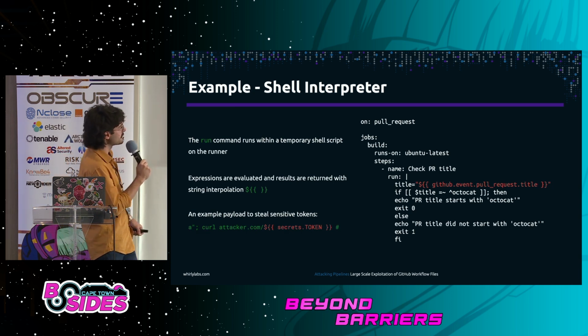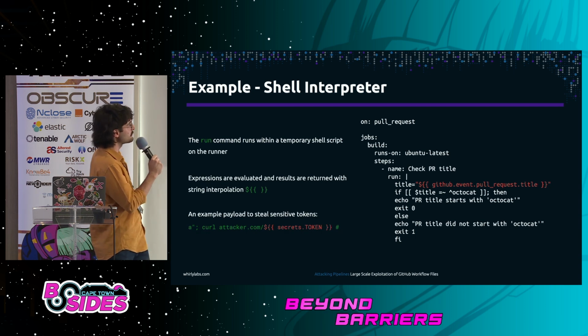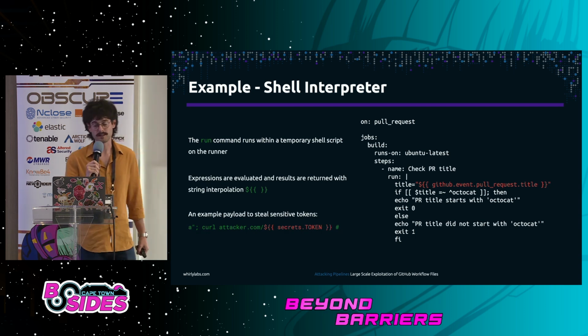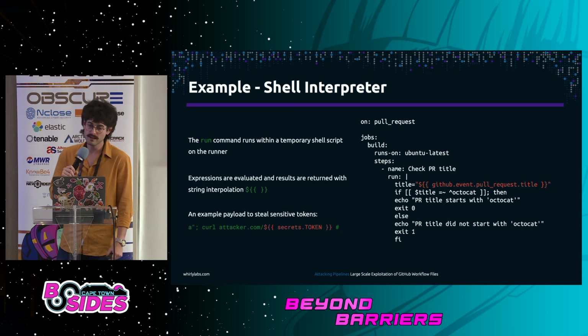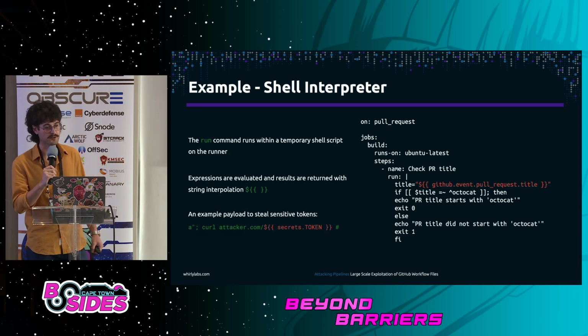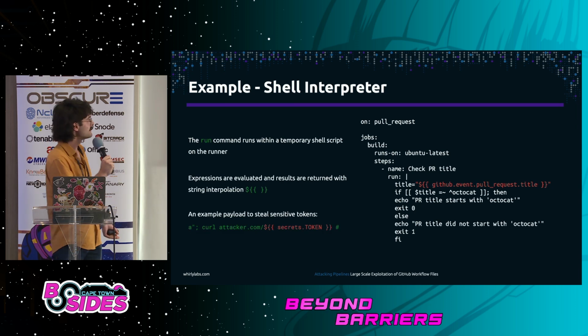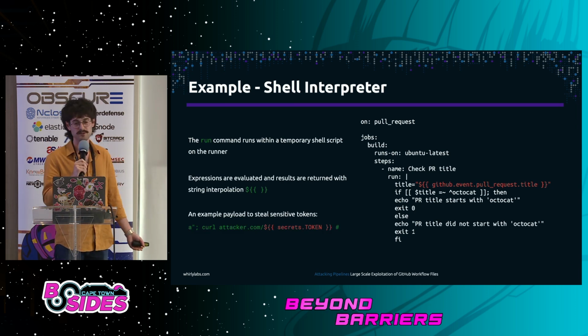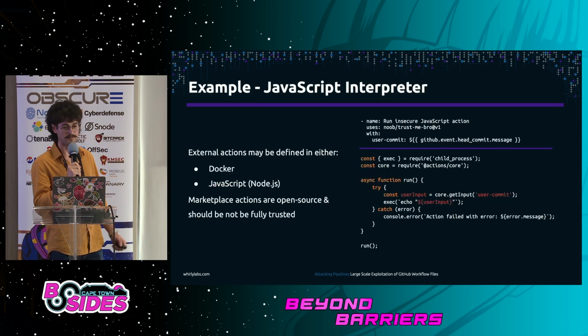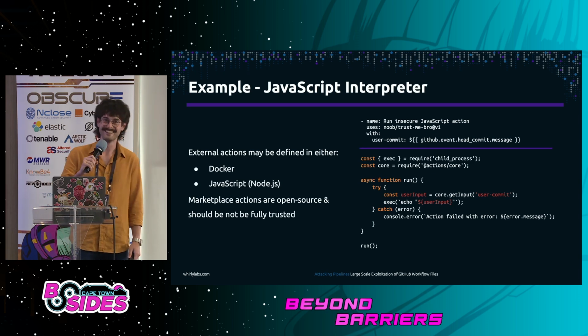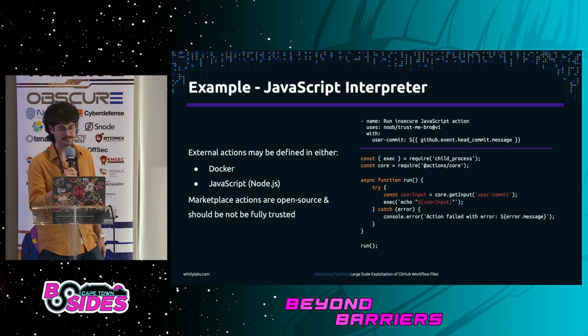It means that anything coming out of that will not only be accessed, but also possibly be interpreted as code. So in this example, you could add a semicolon and then write some arbitrary bash script, send some tokens to attacker.com, and that's pretty bad. Your secret's compromised.